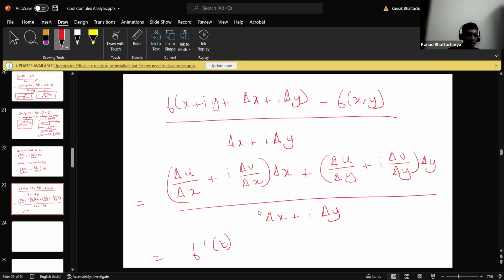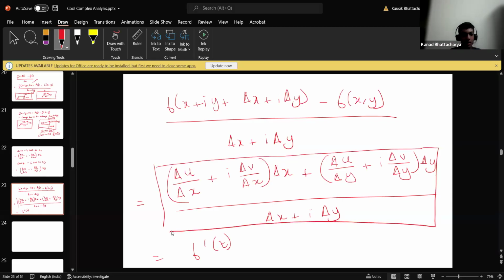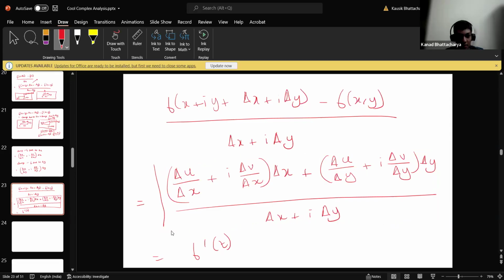So what do we want? We want this expression to be a complex number. Let me clarify what I mean.